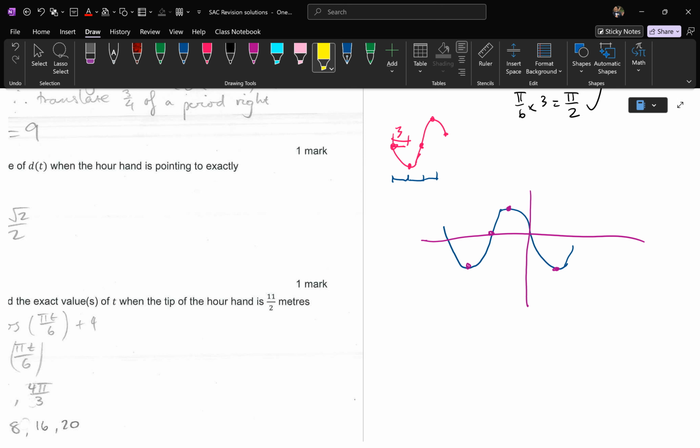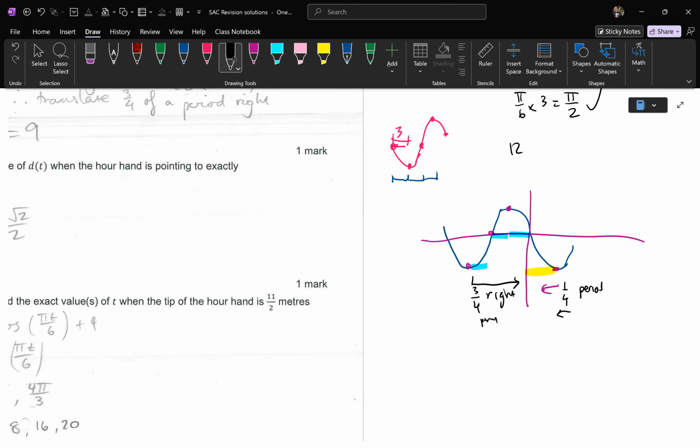Now you can see you can either move 1 quarter of the period back to the left, okay, or you can move, now notice here that's 1 quarter, 2 quarters, and then 3 quarters. You can move 3 quarters to the right. Okay, so this is 1 quarter to the left. So 1 quarter of the period is what I mean. And this is 3 quarters of the period.